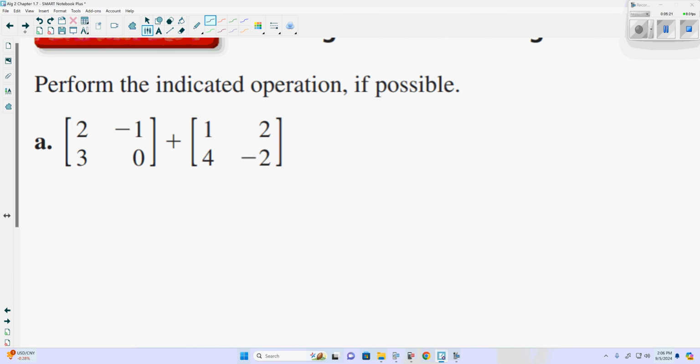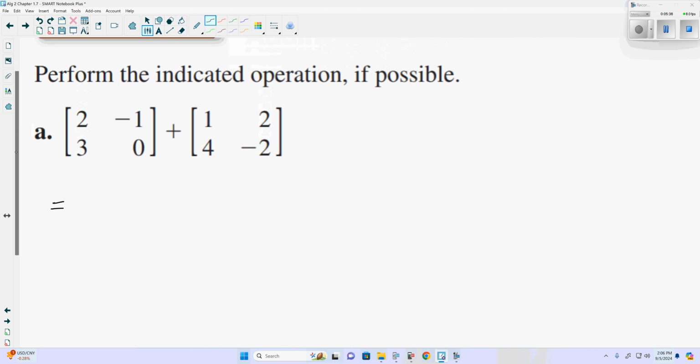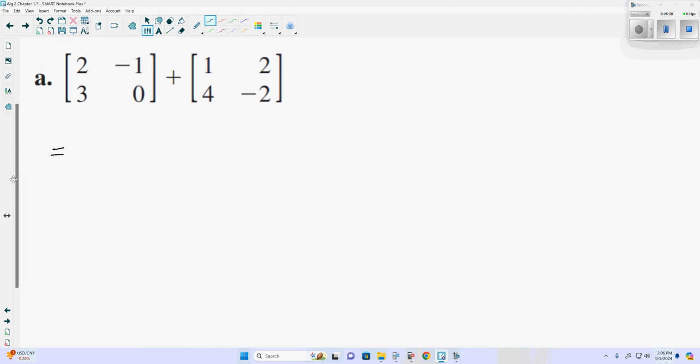Now, let's look at this here. We're going to be adding these two matrices together. The first one is a 2 by 2. The second one, the one we're adding to it, is also a 2 by 2. So that means we can add these together. Our 2 and this 1 correspond to each other, yes?